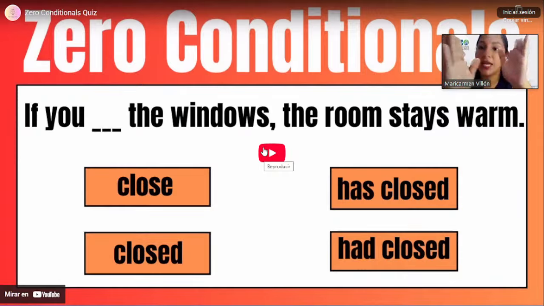En cero condicional, tanto la condición como el resultado son ambos presentes simples. Okay? So please take a look very carefully to the options that you have to choose. Entonces vean ustedes bien las opciones que van a tener que elegir. Okay, present simple, present simple. Pay attention. Let's listen to this.